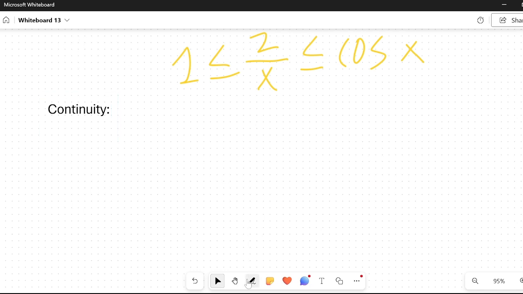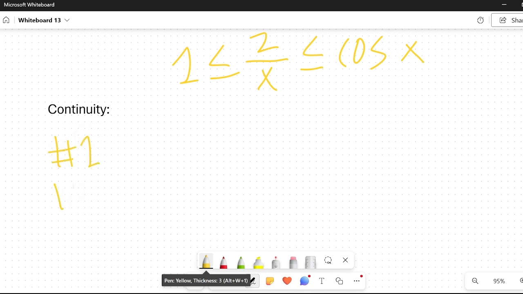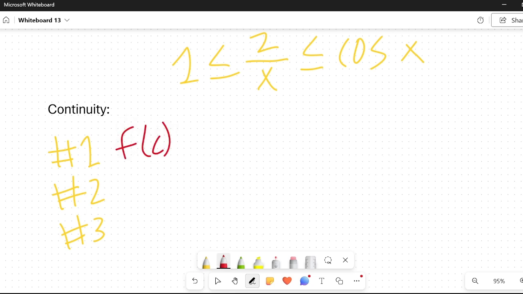So for continuity, we have 3 rules. Continuity at a point: the function f is continuous at c when the following 3 conditions are met. First condition, f of c exists.